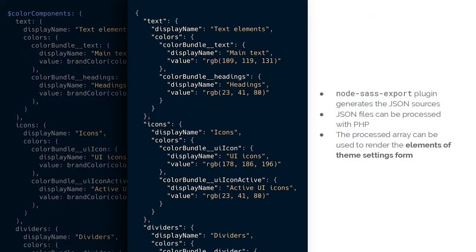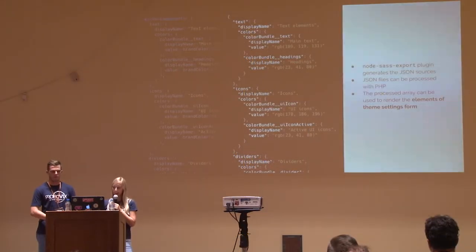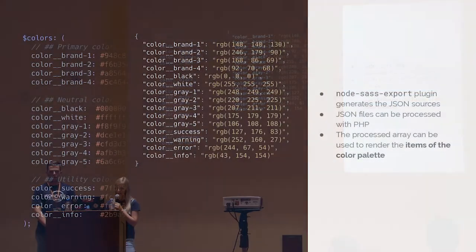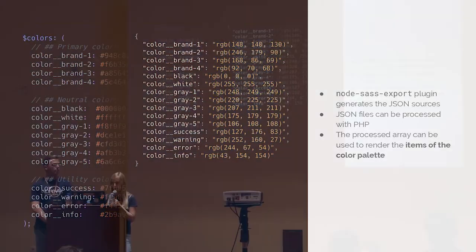And the elements of this color components JSON file will give the elements of the theme settings form, so basically the input fields. And the exported JSON from the colors map will give us the allowed values on the theme settings form. So basically this is the color palette.